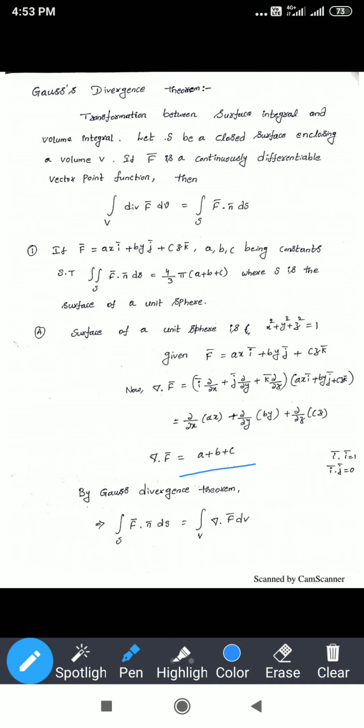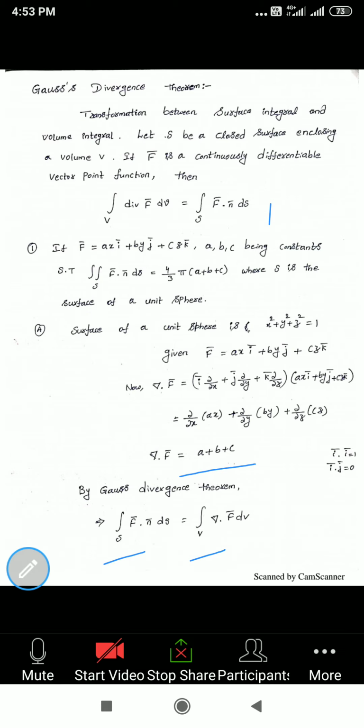By using the Gauss divergence theorem, you know that the volume integral is equal to the surface integral. So we can write the surface integral of f bar dot n bar ds is equal to the volume integral of del dot f bar dv.